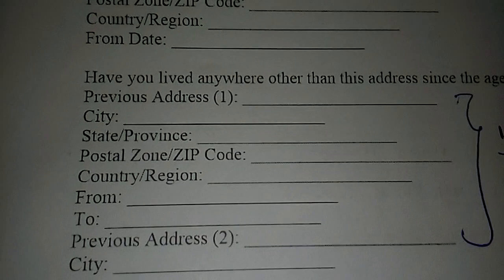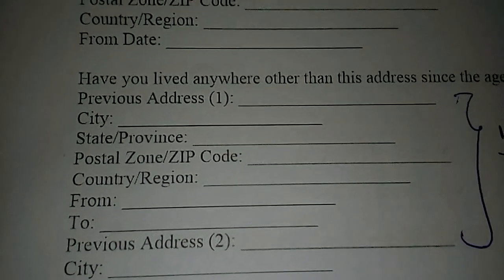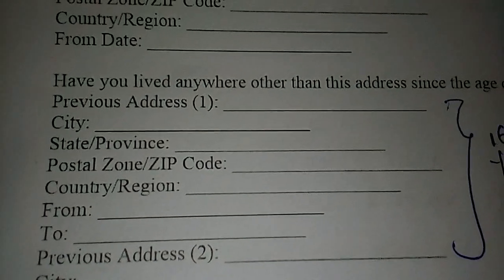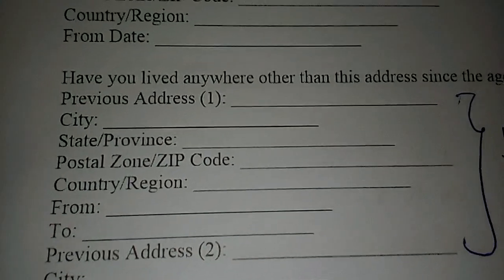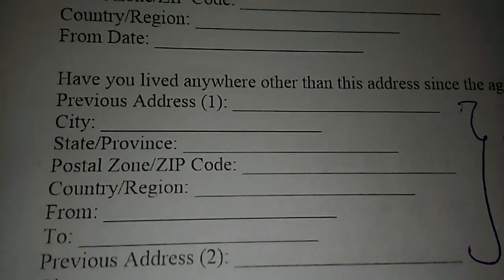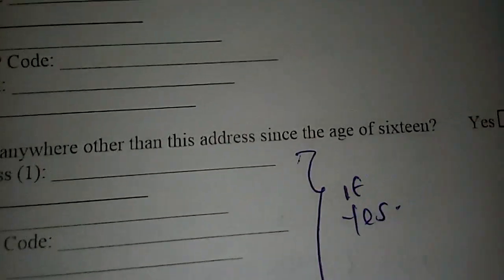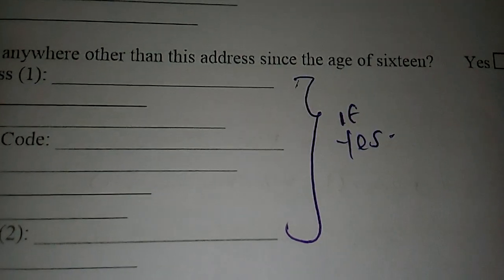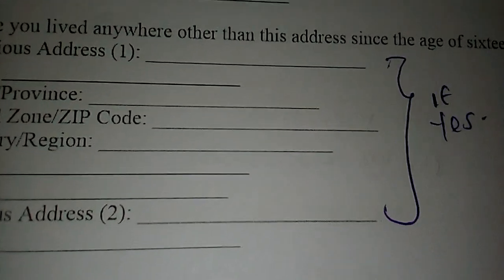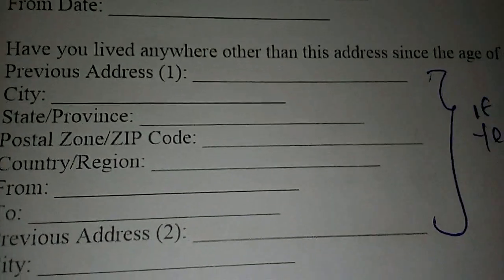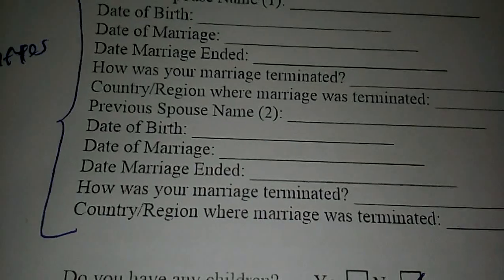And it gives a maximum of around 5 previous addresses that you're supposed to indicate if at all they are there. And as I've told you, if they are not there, there is a button towards the end of every question. Let's say you fill the previous address 1, previous address 2, and then there's previous address 3, 4 and 5.